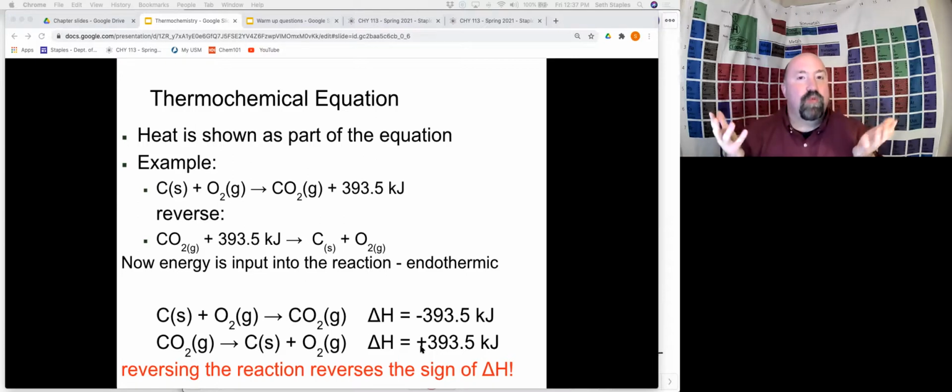And that just should make intuitive sense, right? If something going one way releases energy, something going the other way is going to take energy. Think of it like biking down a hill. If I'm biking down a hill, that's releasing energy. If I'm biking back up the hill, that's going to take energy. Same sort of idea. Reversing a reaction, you reverse the sign of H, but the magnitude of it remains the same.